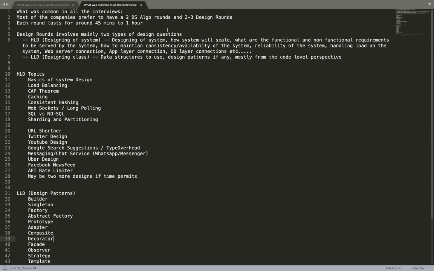From whatever I've explained so far, high level design and low level design are completely independent. Based on the questions, you will understand whether you need to do a high level design or a low level design.